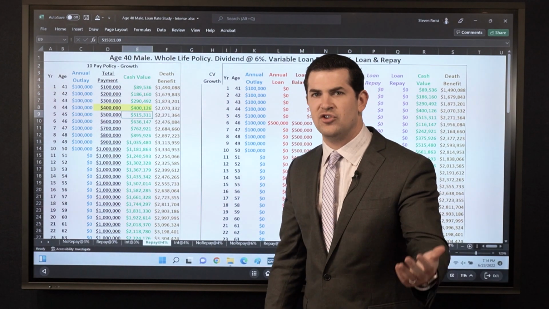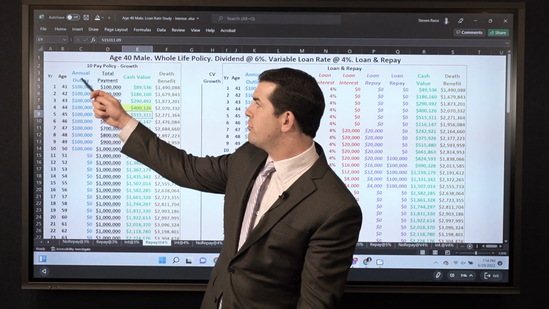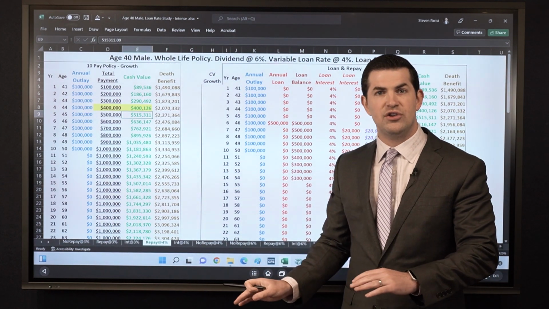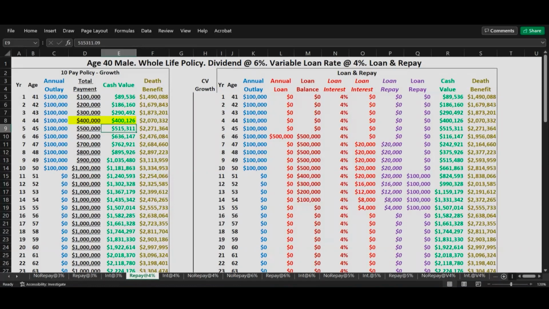This is just my recommendation: start with growth and then progress into loan scenarios. When you look at loan scenarios, see exactly what it looks like with the growth on one side and the loan scenario right next to it. This allows you to see the direct impact of that policy loan, and it can make things much more transparent.